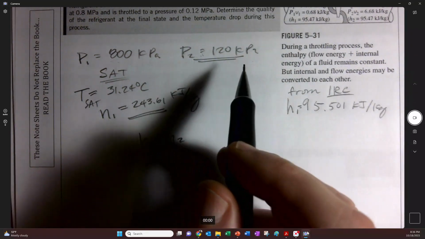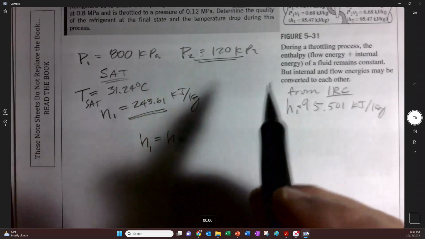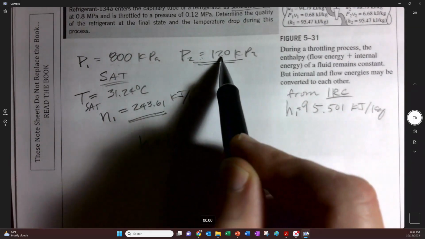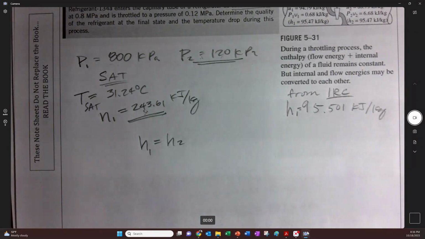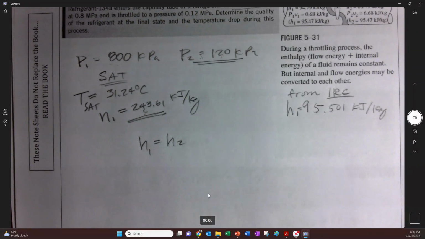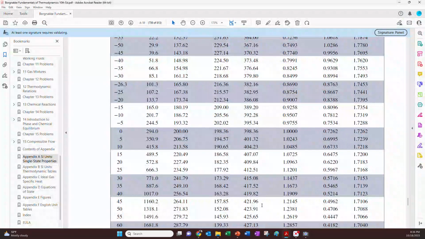And what we will find on the outlet is, at this pressure, where does that fall? And we can find out what the temperature is going to be at that state as well. So coming back here, we were at 120 kilopascals, which is somewhere in between here and here.